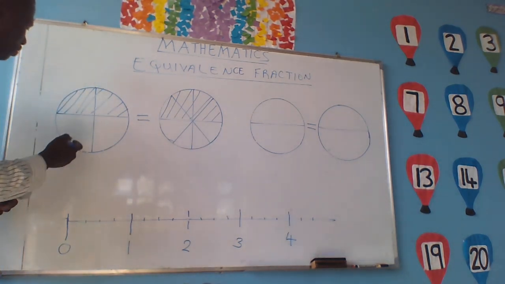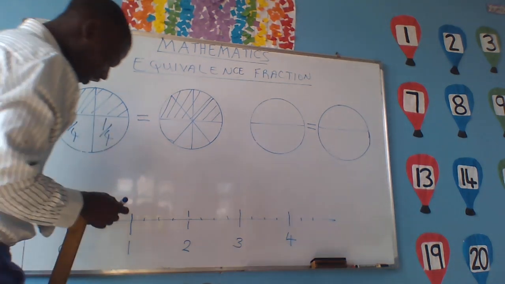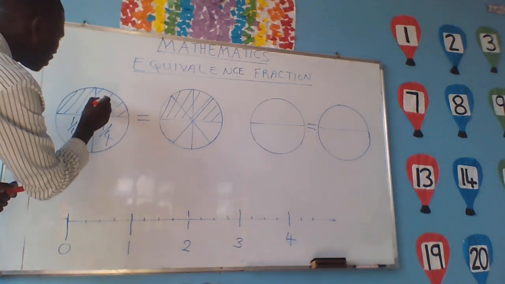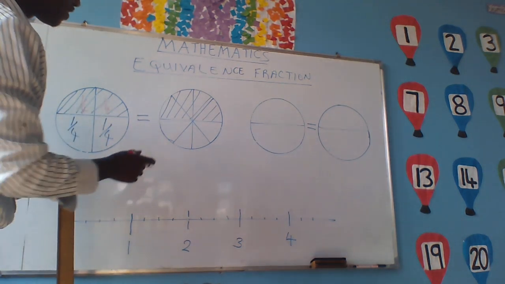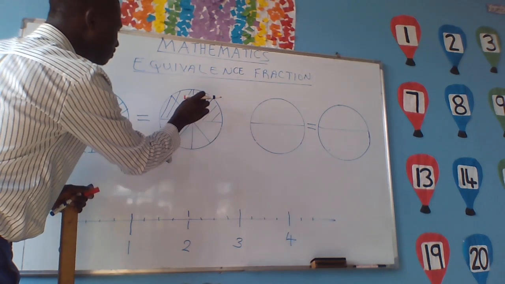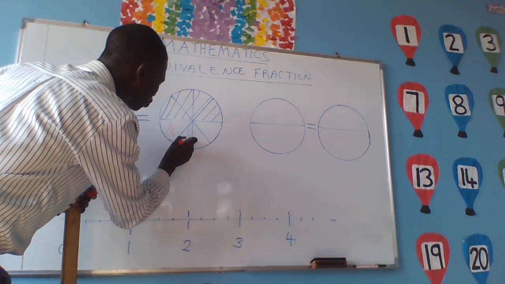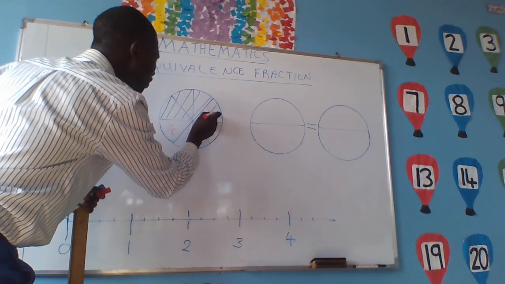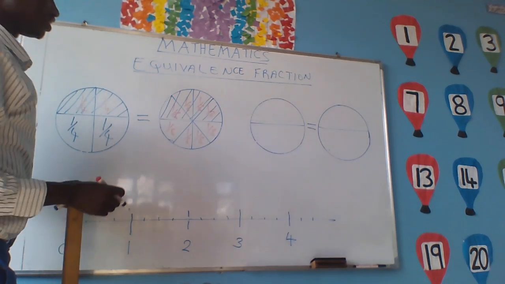But remember, this one was 1 out of 4, 1 out of 4, 1 out of 4, 1 out of 4. The same for this one. It was 1, 2, 3, 4, 5, 6, 7, 8. So it was 1 out of 8, repeated for each part.